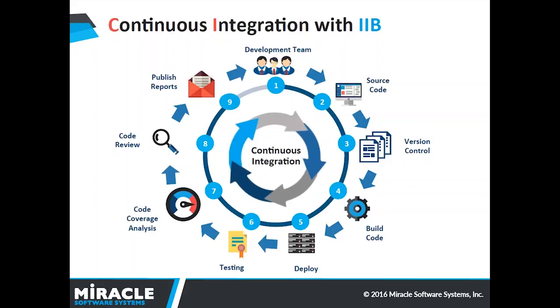All these manual activities like checking in the code, building the code, deploying the code, testing of the code, code coverage, and code review, which were all very manual, are being automated using this framework, continuous integration with IIB.